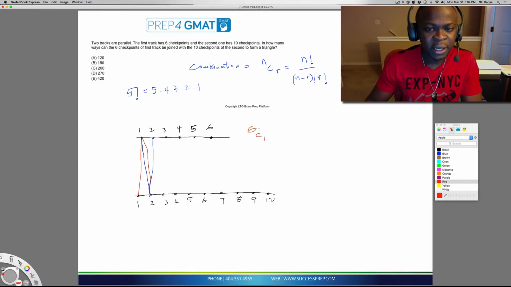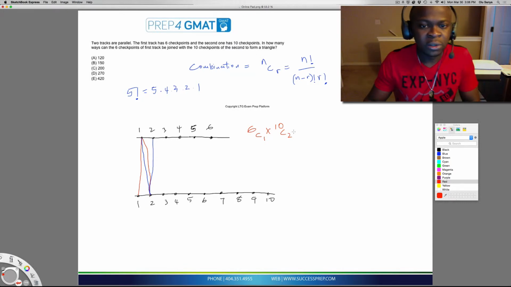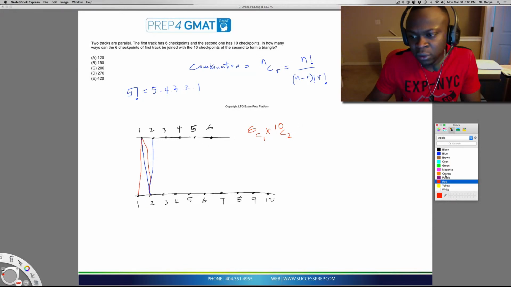And for that same red triangle, on the bottom row here, you have 10 options, but you need to select 2 so that you can complete your triangle. So essentially, to form the red triangle, we have a 6 combination 1 multiplied by a 10 combination 2. So that's the option for your red triangle.